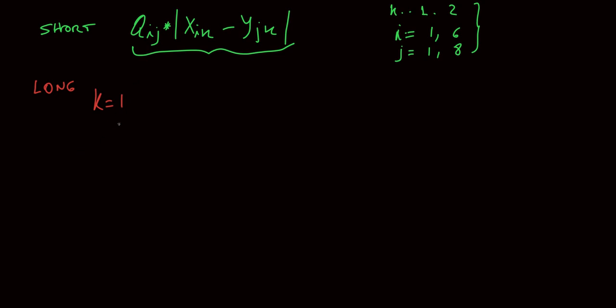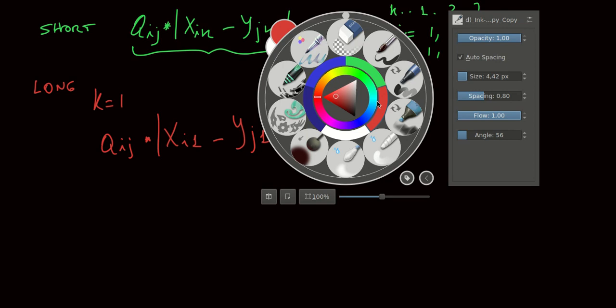For k equal to 1, this looks like a_ij times x_i1 minus y_j1, plus you have another term for k equal to 2.